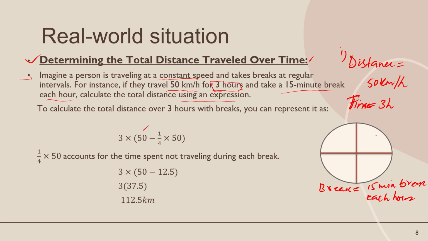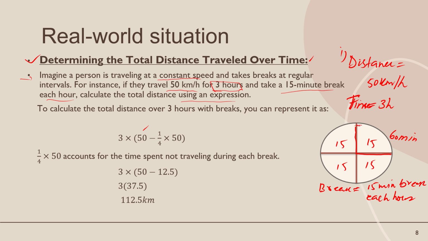Now let's suppose that this circle represents 60 minutes. If I divide 60 minutes into 4 parts, it means that they take a break of 15 minutes every hour.